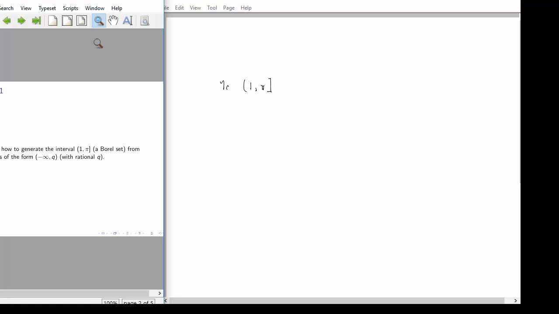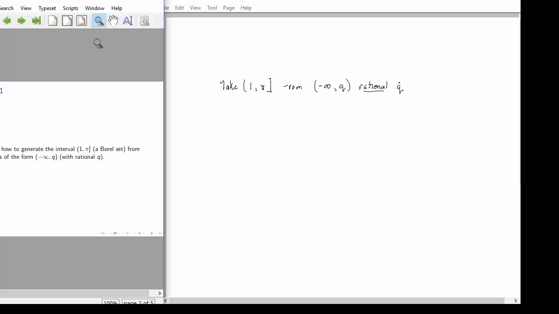And what we're trying to do is to make this using only the countable collection of intervals that extend from minus infinity up to q, where q is a rational number. So we're allowing ourselves only a countable collection of intervals, and from this we're going to generate a fairly arbitrary Borel set.